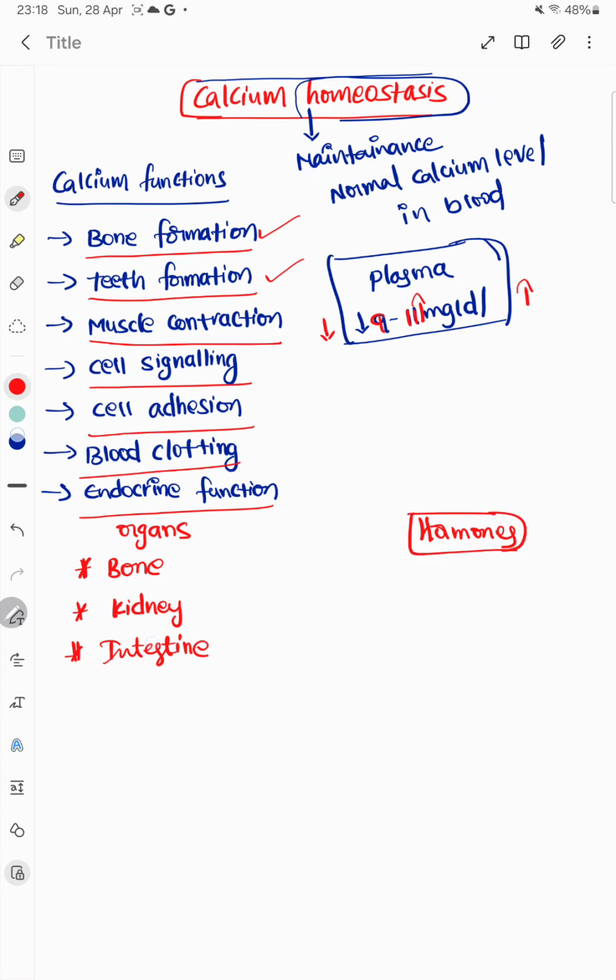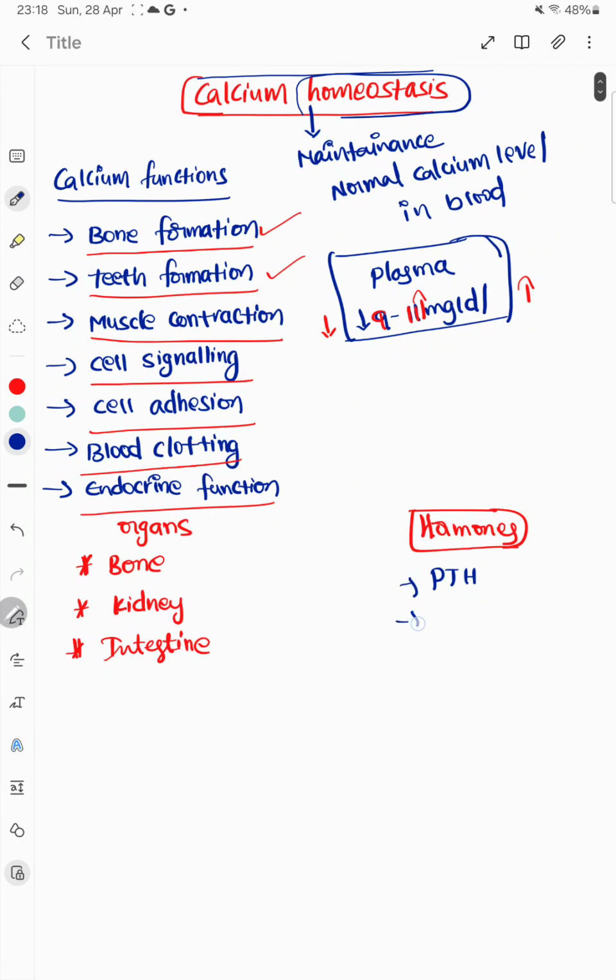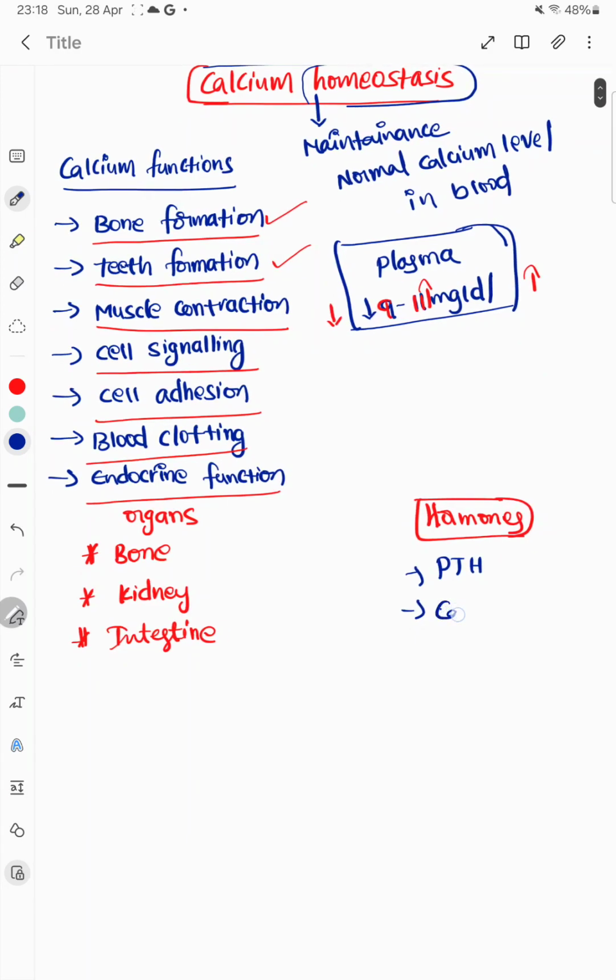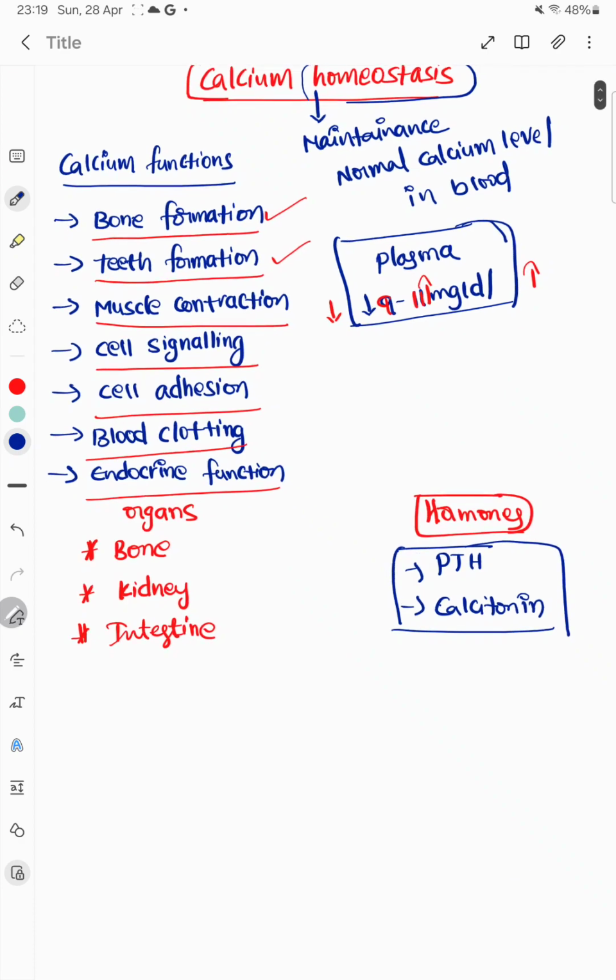So the 2 hormones are PTH. PTH means parathyroid hormone, and the second one is calcitonin.